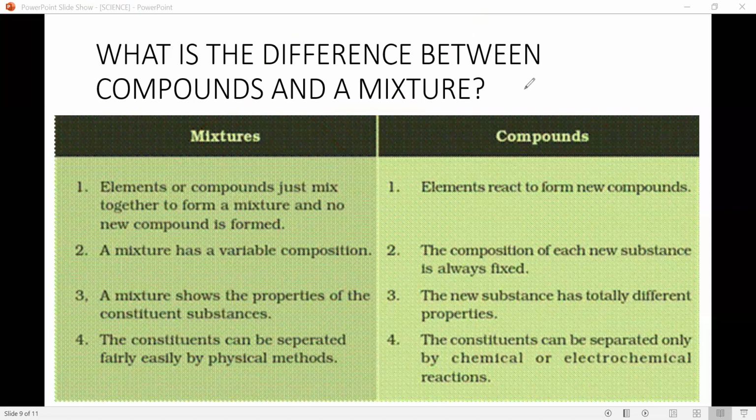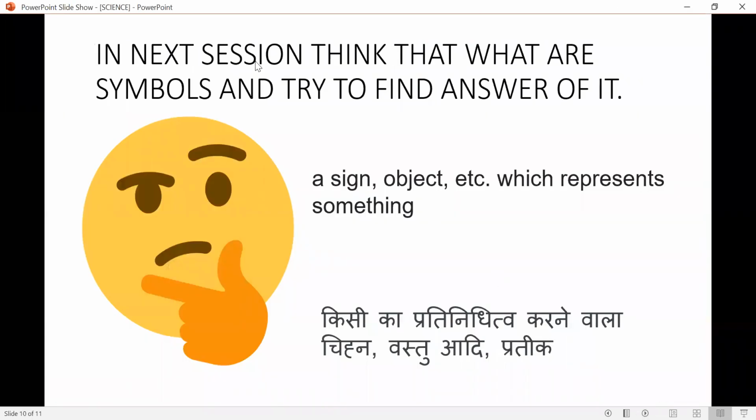And also we are close to finishing this chapter, because in the next video we are going to learn the symbols. Let me show you the next slide first. I don't have the further slides, but in the next session, think about what symbols are and try to find the answer to this question.